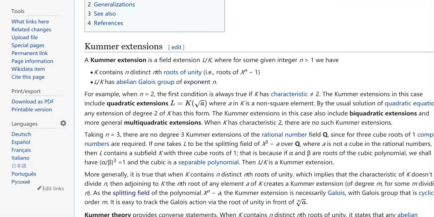Here a is a non-square element in K. This is an example of Kummer extensions, okay? By the solution of quadratic equations, an extension of degree 2 of K has this form. The Kummer extensions in this case also include biquadratic extensions and more generally multi-quadratic extensions. In characteristic 2, there are no such Kummer extensions.